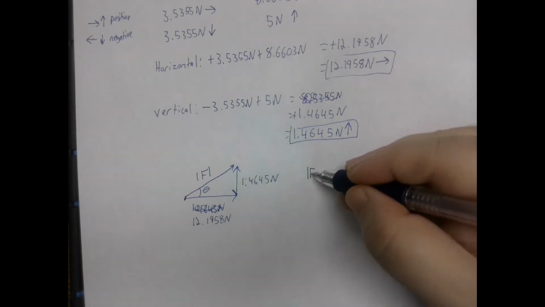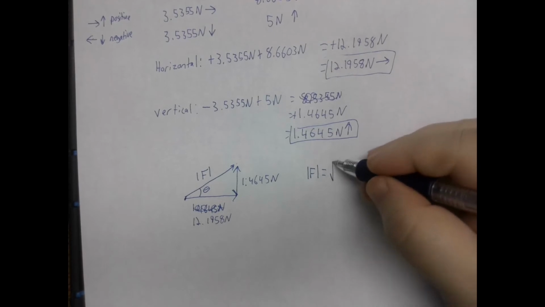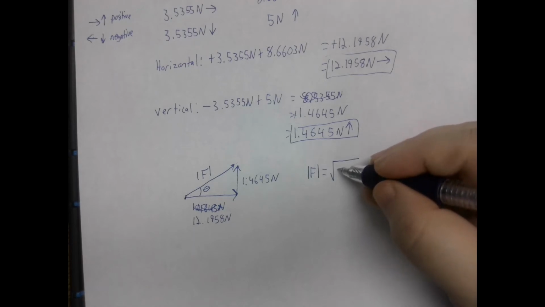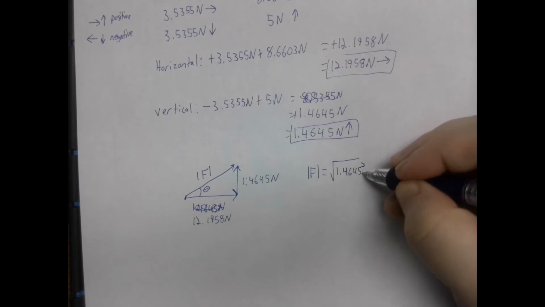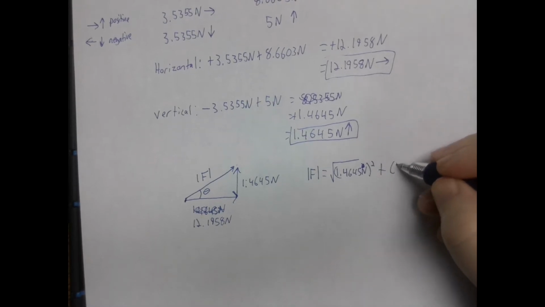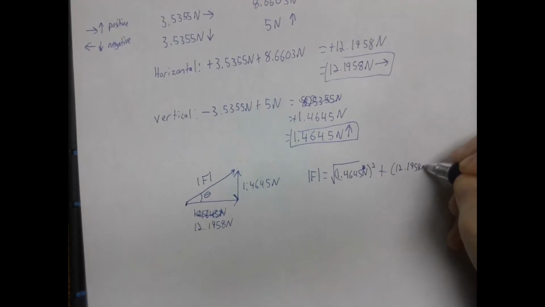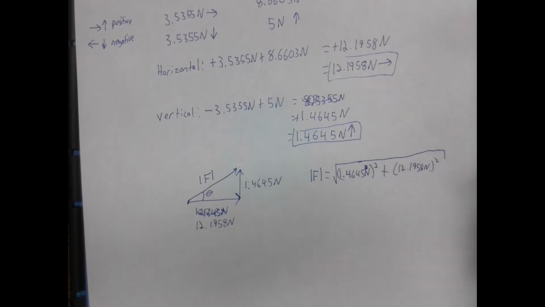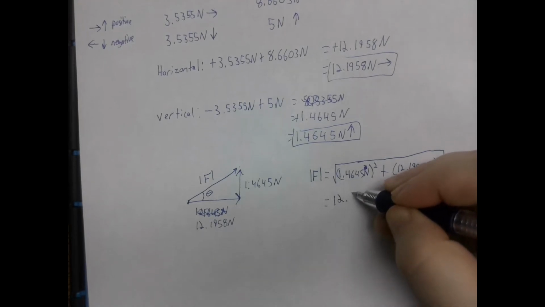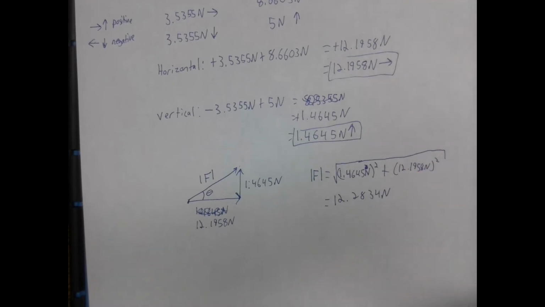So our magnitude is equal to the square root of the sum of the squared components. So that would be 1.4645 newtons squared plus 12.1958 newtons squared, and we get a magnitude or a length of 12.2834 newtons.